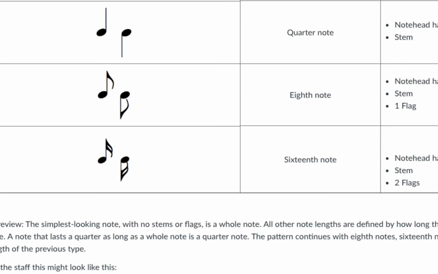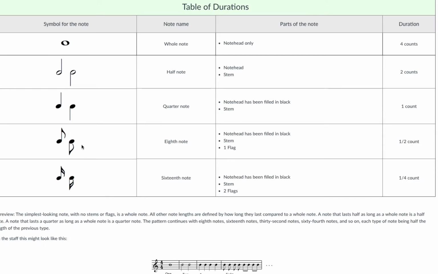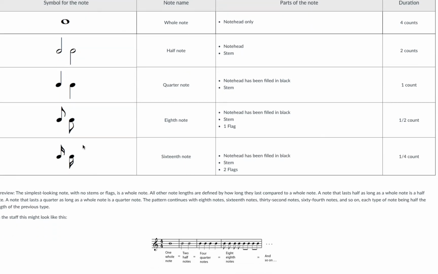I always like to think of it like the wind is always blowing from the left side to the right side of the page, and so the flags are always pushed to the right side. Now, an eighth note is really 2 notes per beat, or a half of a beat, right? Half of a quarter note. Again, if we're thinking everything in comparison to a whole note, we get 4 counts here. 8 of these guys will fit in that amount of time.